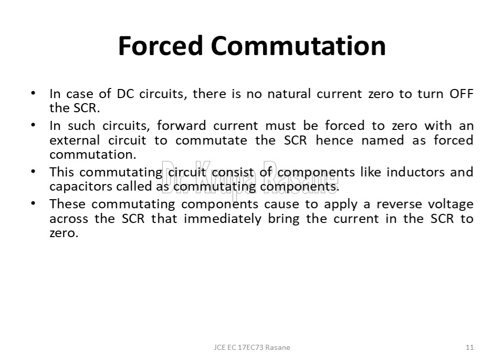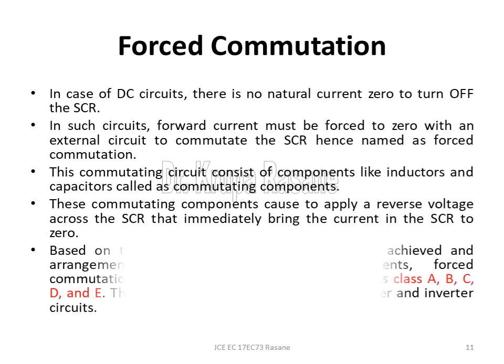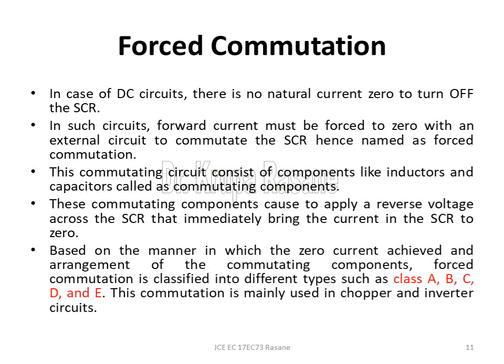So let us see how the inductor or capacitor will apply a negative voltage across the SCR and force the current through it to 0 and turn off the SCR. Based on the manner in which the zero current is achieved and the arrangement of the commutating components, forced commutation can be classified as class A, class B, class C, D and E. This commutation is mainly used in choppers and inverters, but in your syllabus we'll be dealing only with class A and class B.